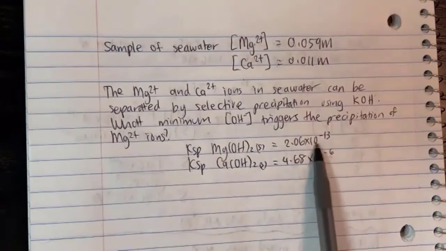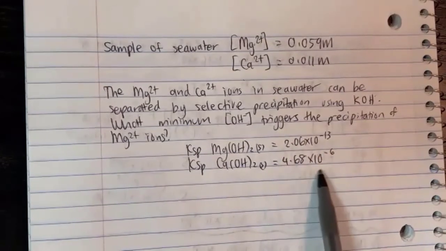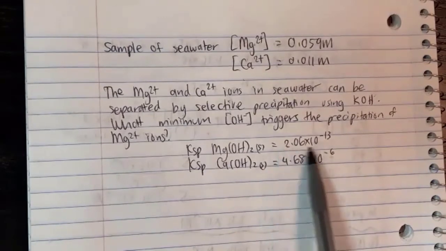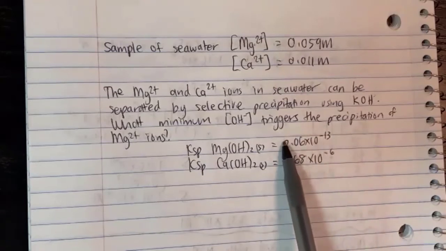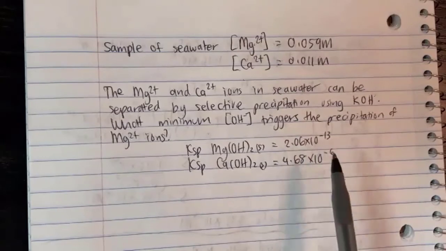In this case, there's a lot more ions at equilibrium, so it's more soluble. Mg, on the other hand, has a lot fewer ions. There's very few ions in there. That means if it's few ions, it's less soluble.